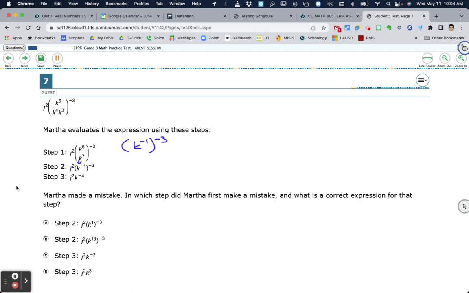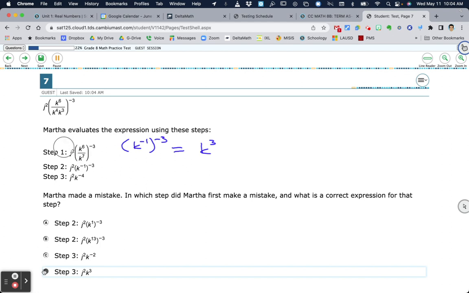When you raise a power to a power, you multiply them. So we have to multiply these numbers. What's negative 1 times negative 3? 3. So the correct answer should be k to the 3rd. We should get k to the 3rd. Do we have a choice where k to the 3rd was replaced in there? Yes, right here, D. Okay, so this one was wrong, and that one is correct.